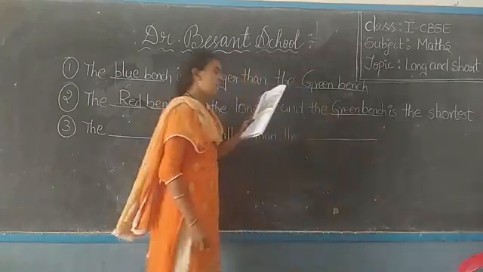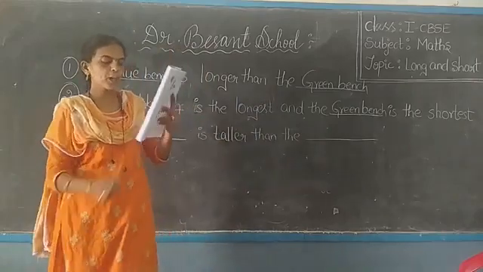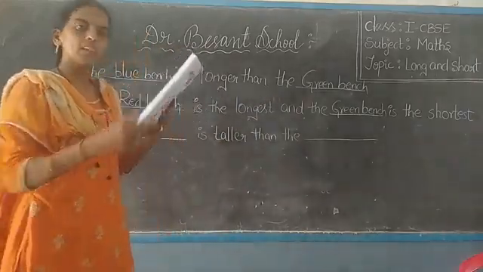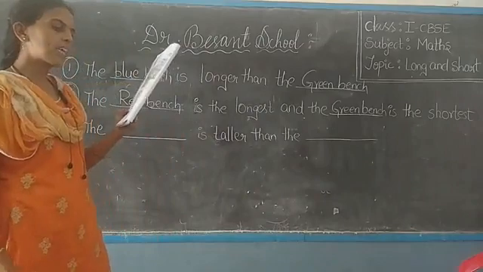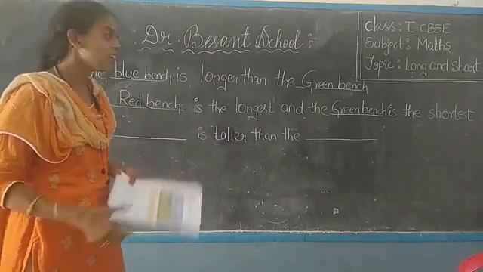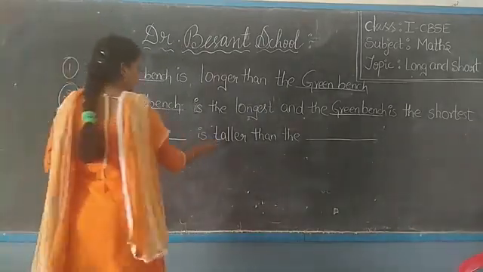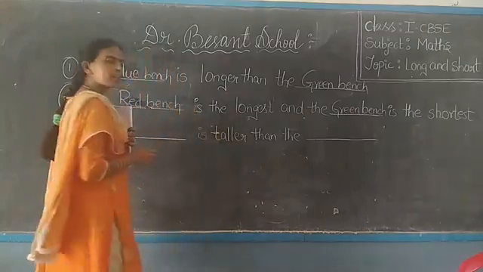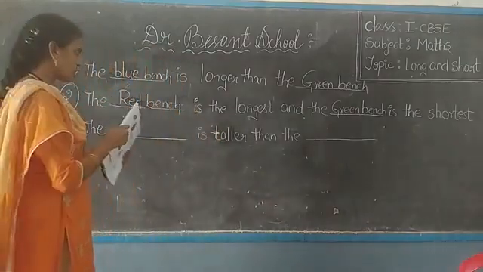So here when we are comparing, we should compare the height. So while comparing the height, we use the word taller. Here taller word is given. So we should compare the lamp post here.